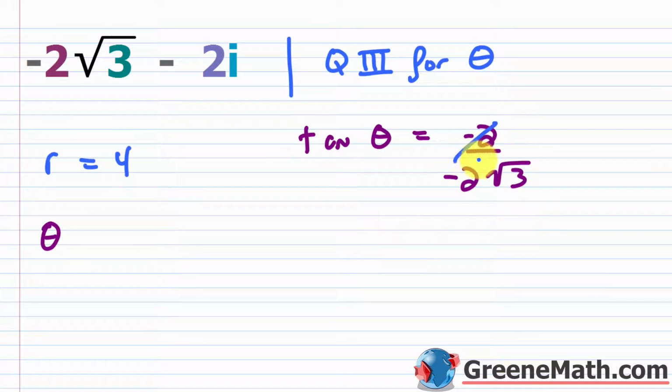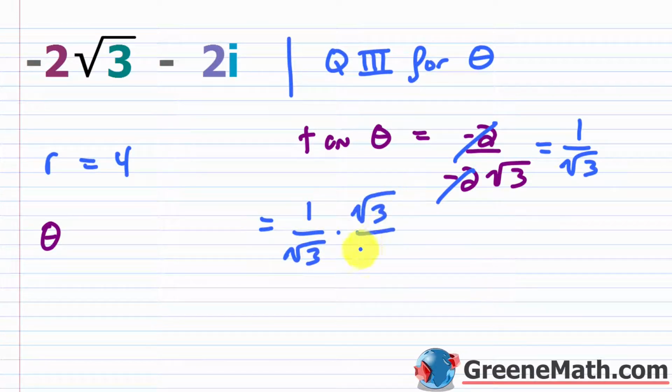So this is going to cancel, and I'll have 1 over the square root of 3. If I rationalize the denominator, times the square root of 3 over the square root of 3, this is the square root of 3 over 3. If I punched up the inverse tangent of square root of 3 over 3, I'm going to get something in quadrant 1, but I'm looking for something in quadrant 3.